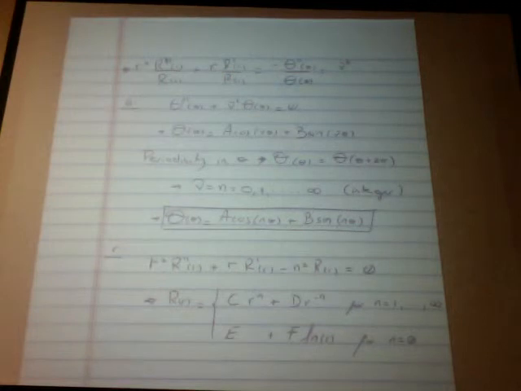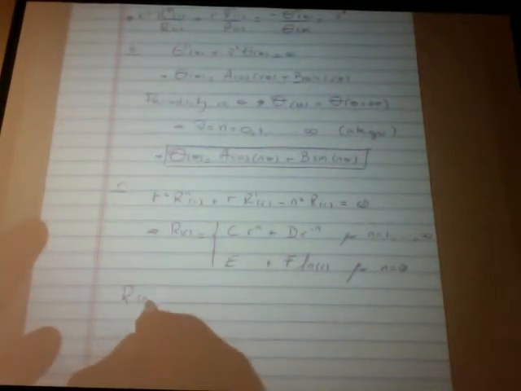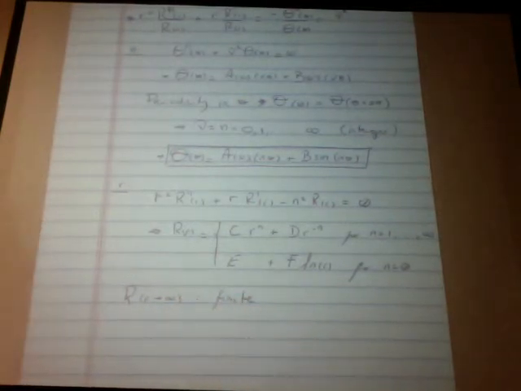All right. So what happens here? Let's see what cancels out. So the condition says that R, as r goes to infinity, must be finite. And if that's the case, who cancels out?